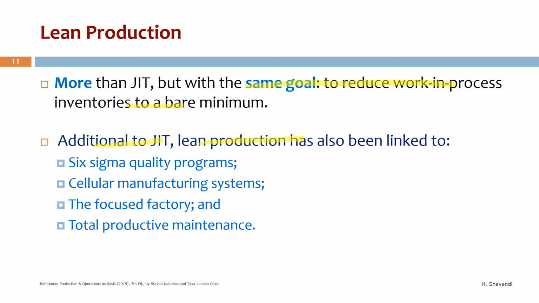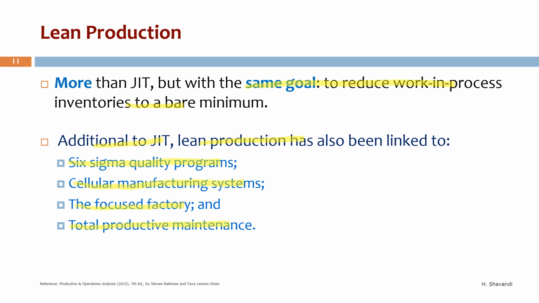It is linked to the Six Sigma quality program. It includes a cellular manufacturing system, the focused factory, and total productive maintenance. Because of that, it's called lean production. That's all for this chapter.